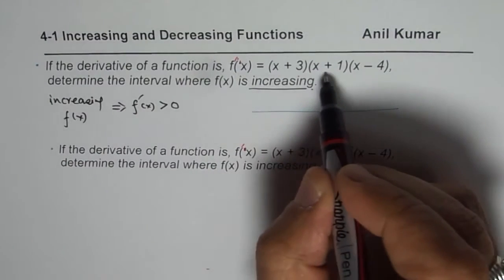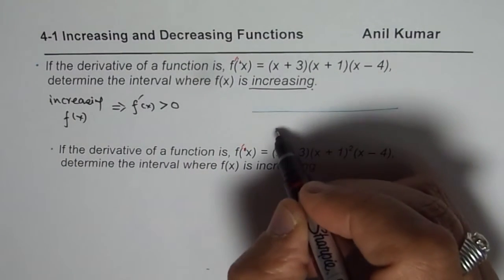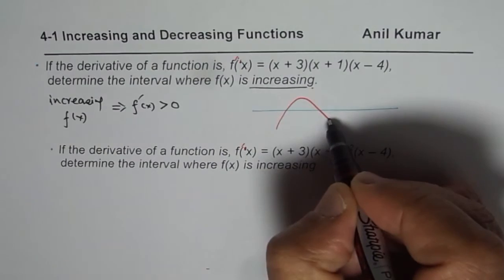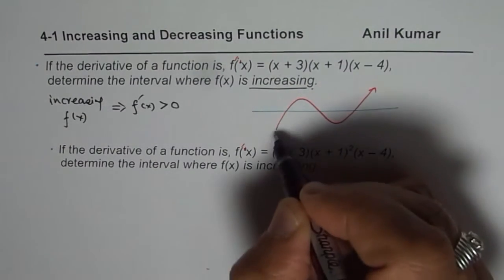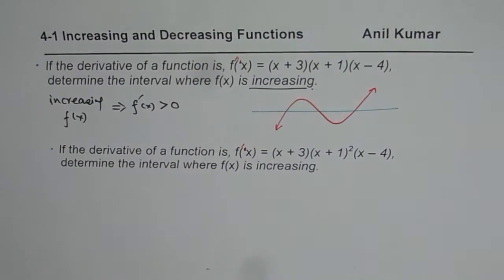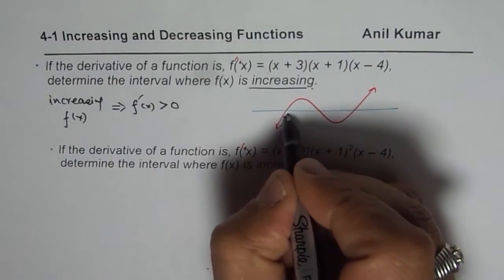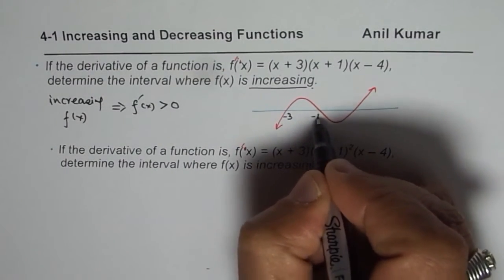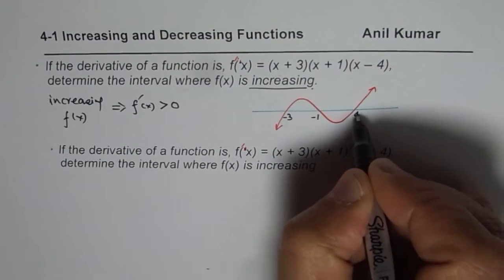This is a polynomial of degree 3, and all are linear zeros, so I could graph it approximately like this, where the first zero is at minus 3, the second at minus 1, and the third at plus 4.